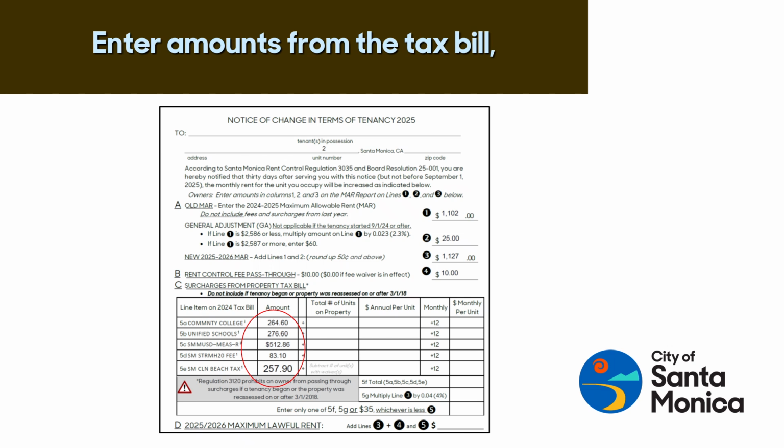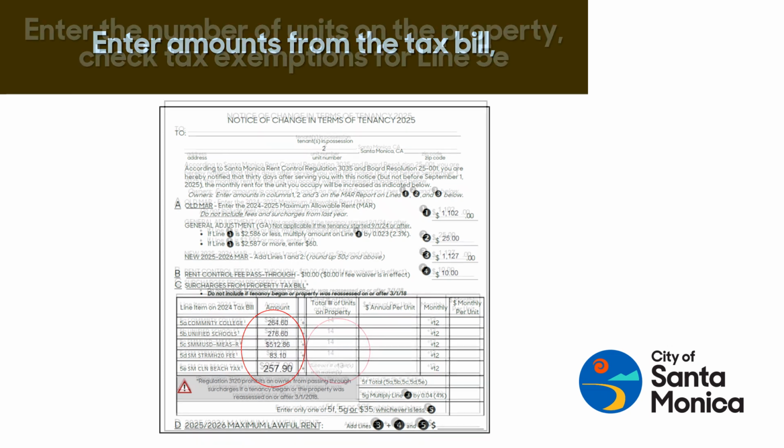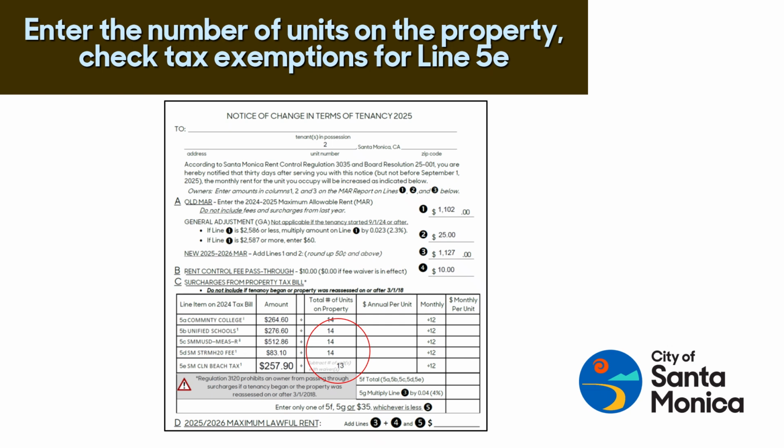Enter the amounts from the tax bill onto the notice of increase form. Enter the exact amount since the law does not call for any rounding. Enter the total number of units. If someone has an exemption of the Clean Beaches tax, that line will be divided by the number of remaining units.